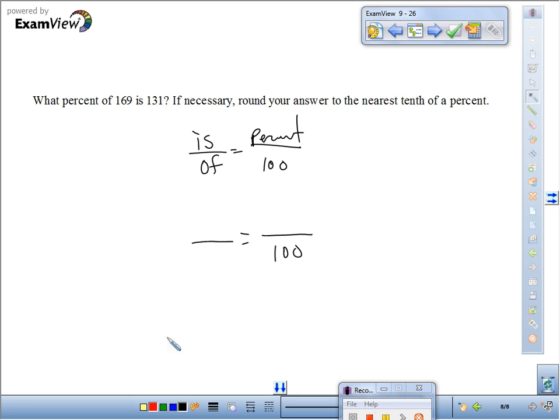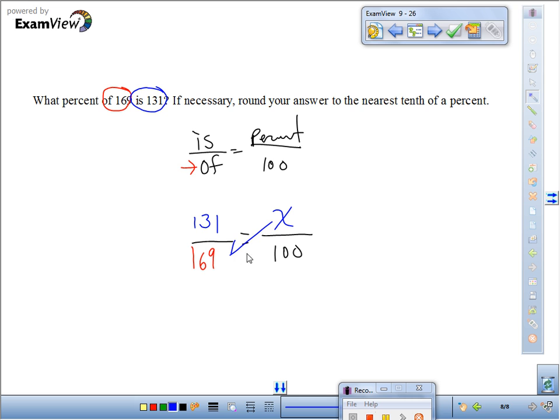It says, what percent of 169, where does that go? On the bottom, notice that of is on the bottom. Is 131. Where does the is go? On top, 131. And since we don't have a percentage, that's what we're going to solve for. X. We're going to solve for the percentage.